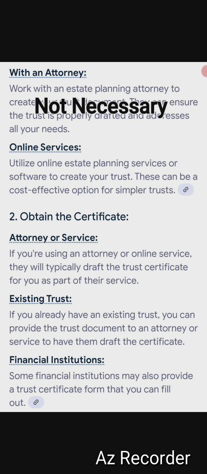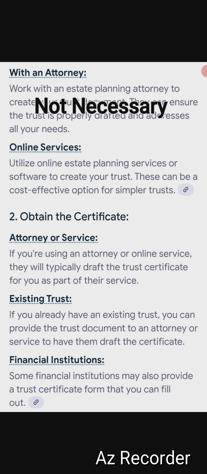We're going to be having an example of a trust certificate at the end of this video, so stay tuned if you just need an example of what it looks like, or a foundational or fundamental understanding of what needs to be in it or on it, what it should look like.